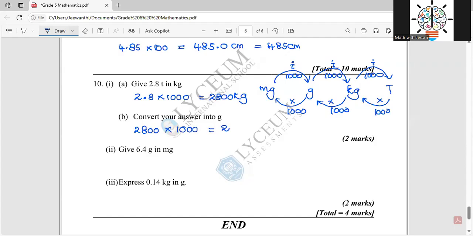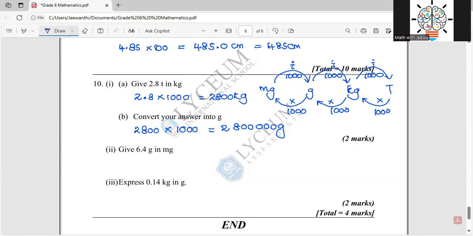It gives me 2,800,000 grams, right? 2.8 you multiply by 1000, then it gives me 2800. That 2800 again you multiply by 1000, because kilograms into grams.